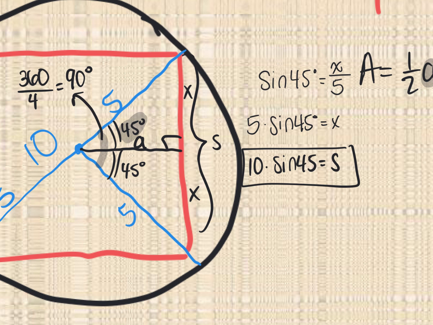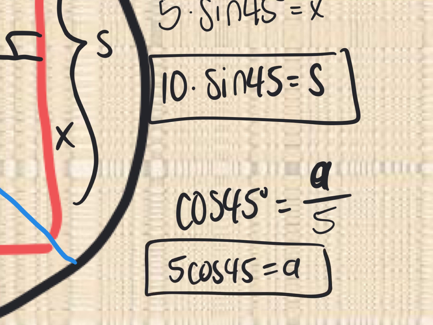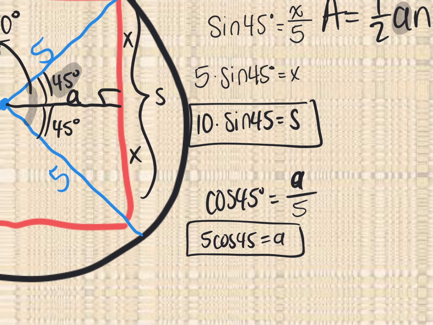Cosine. Very good. The cosine of 45 degrees is equal to little a over 5. We can do the same thing, multiply by 5 to both sides. You're going to get 5 cosine 45 equals little a. And now we have both our a and our s.